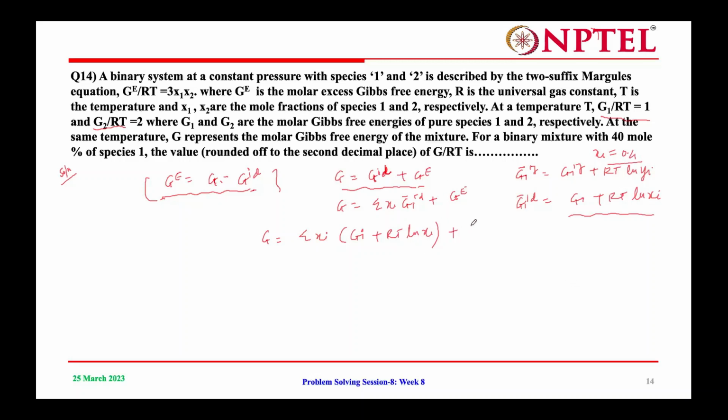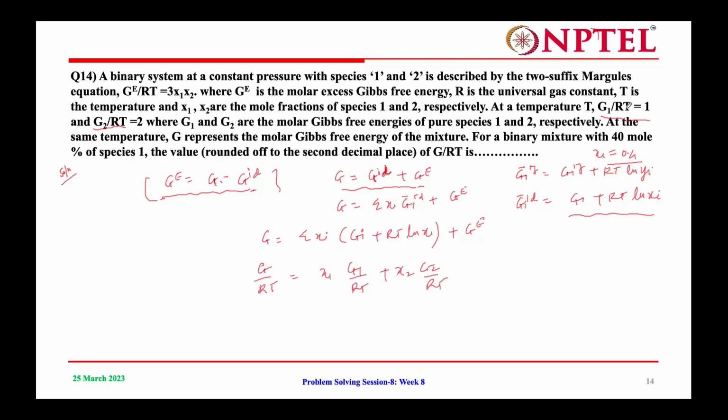Plus GE, right? Now here are the two pieces. Now divide these terms by RT, so x1 G1 by RT plus x2 G2 by RT.